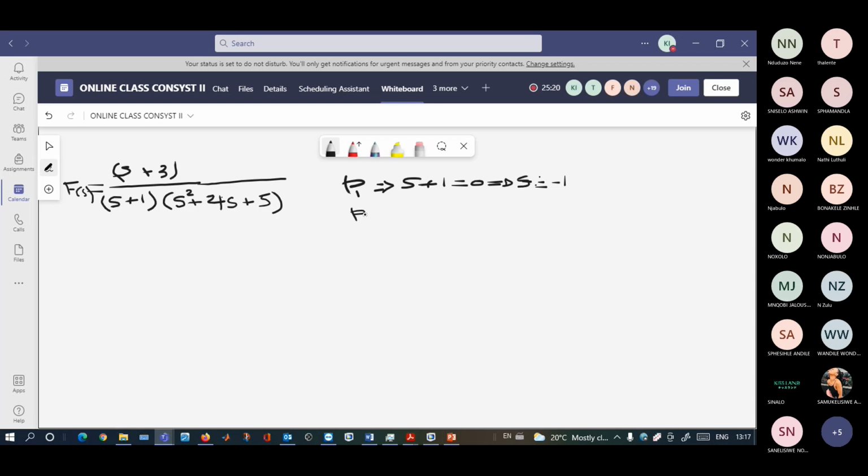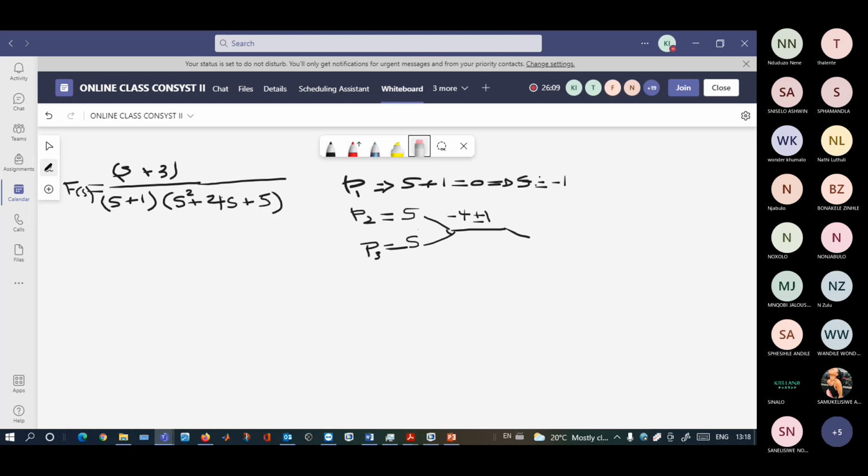Then P2 and P3 will come from this one. Using the quadratic formula, it's going to be minus b, which is minus 4, plus or minus the square root of.